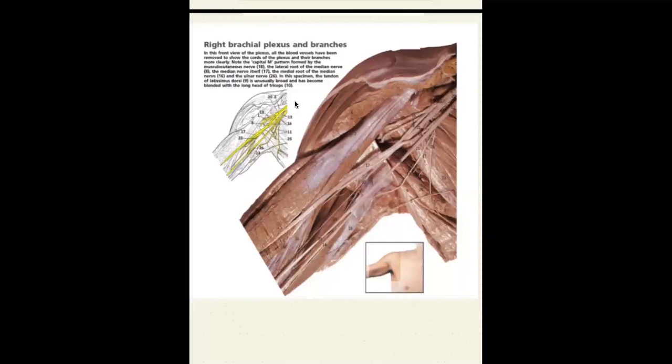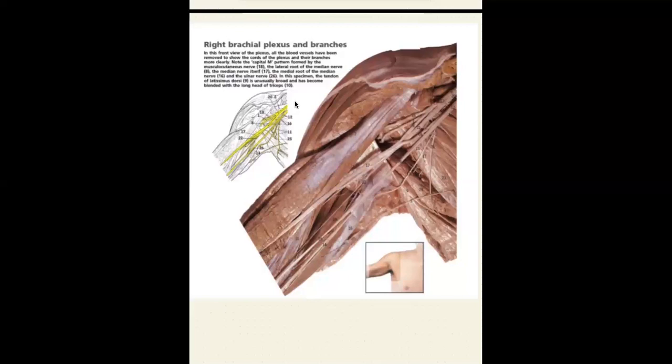Then comes the trunk, related to the subclavian artery. Upper and middle trunks are superior to it, and the lower trunk is posterior, near the first rib. After that, divisions are related to the middle third of the clavicle, followed by cords in the axilla.